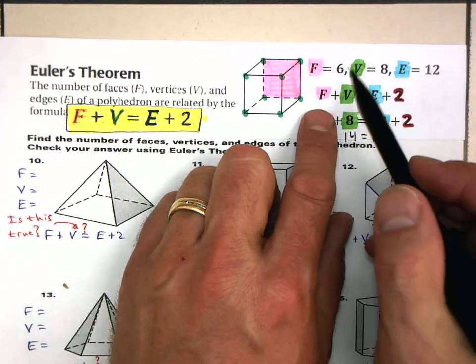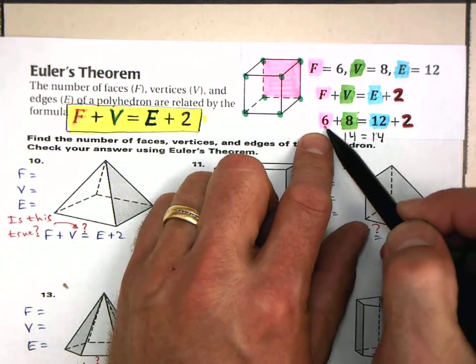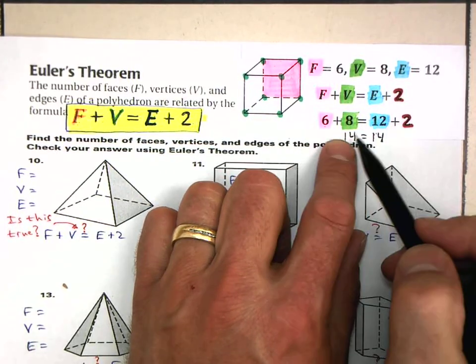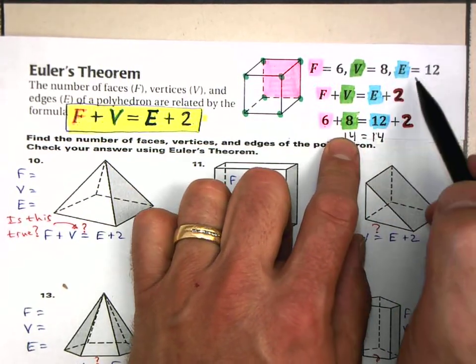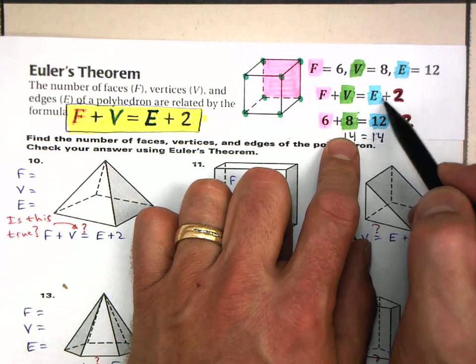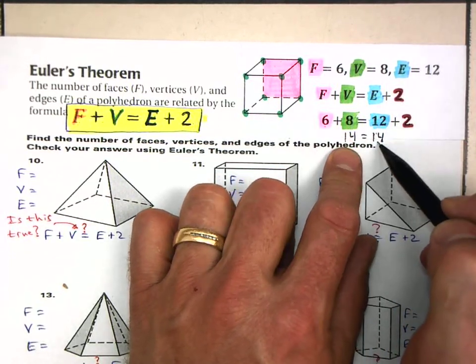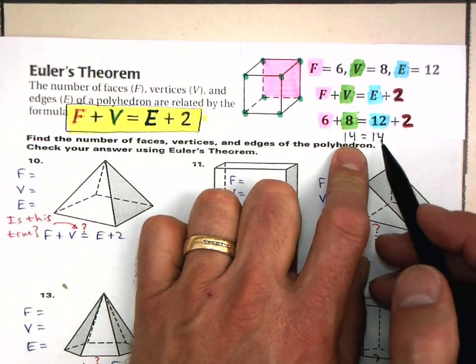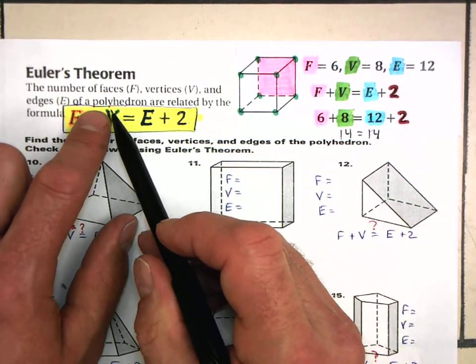And then if you add the number of faces with the number of vertices, you get 14, and the number of edges plus 2 is also 14. So Euler's theorem is always true, but it's only for polyhedrons.